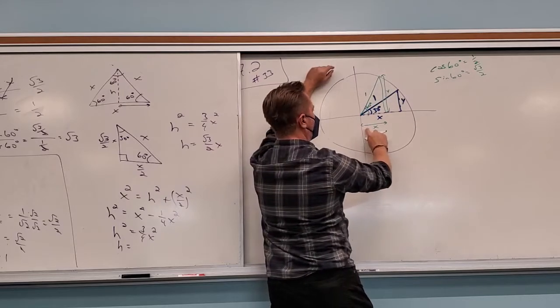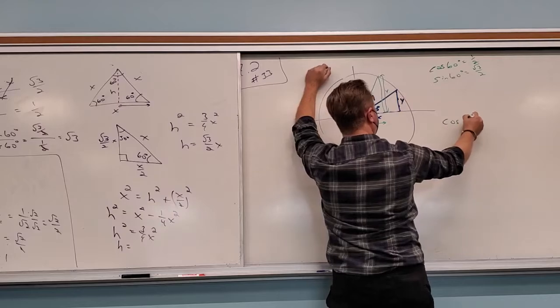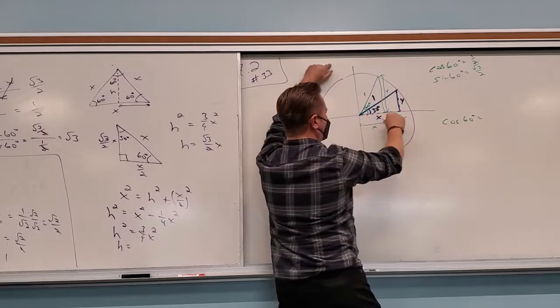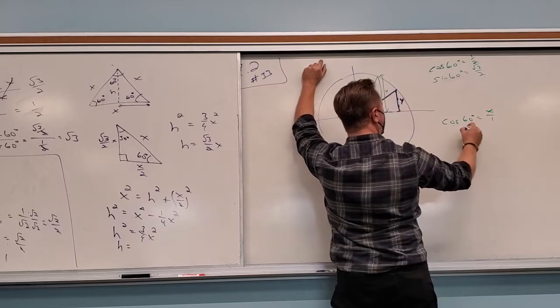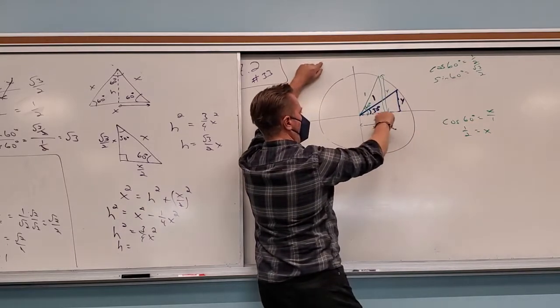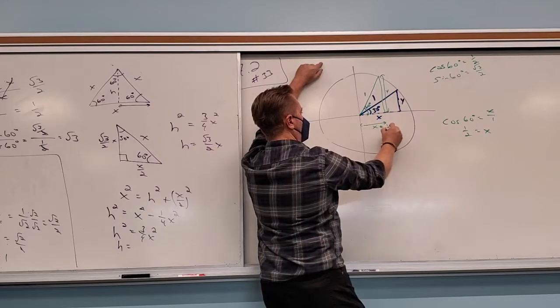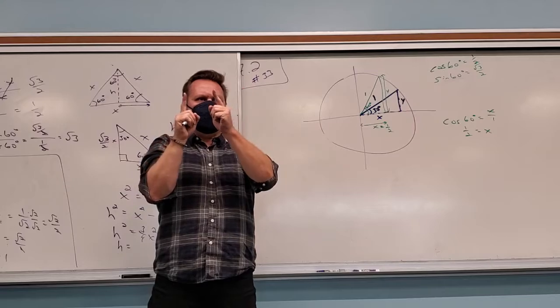So that means that cosine of 60 degrees is x over 1. Cosine of 60 is 1/2, so x is 1/2. So this much is 1/2. So the x is shrunk to be 1/2.